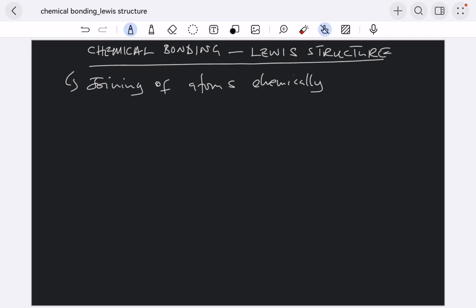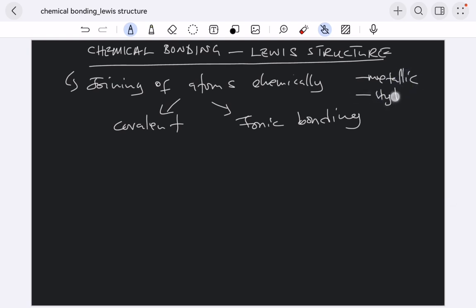Now we have two types of bonding. In this case, we're going to look at covalent, or we can look at ionic bonding. Obviously, we know that we have metallic, we have hydrogen bonding, and so on and so forth.